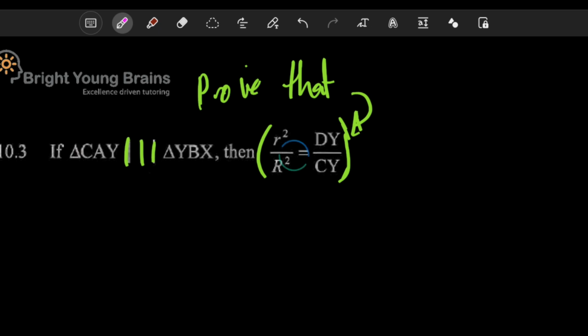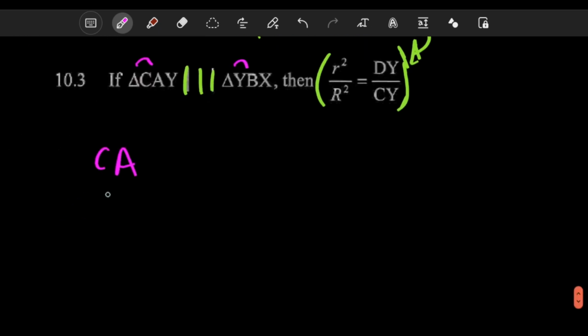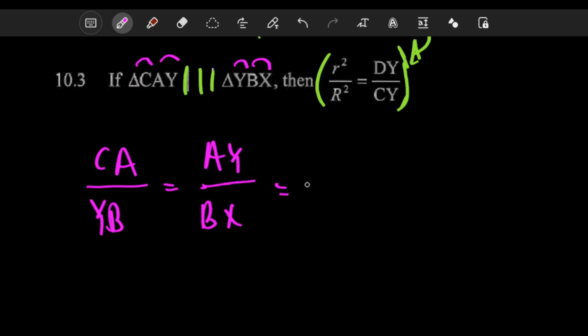Well, to be honest, if two triangles are similar, they told you, so you can just write out your proportionality expressions. So let's write here CA over YB, which is equal to AY over BX, and all this is equal to CY over YX.